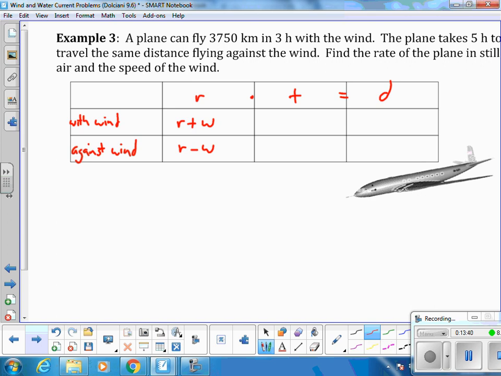Let's see if there's any information I know. A plane can fly at 3,750 kilometers in 3 hours with the wind, so I know my time with the wind is going to be 3. The plane takes 5 hours to go against it, so that would make sense. It takes longer. All right, and my distance is going to be, now remember my distance is my rate times my time, so I'm going to fill that out.